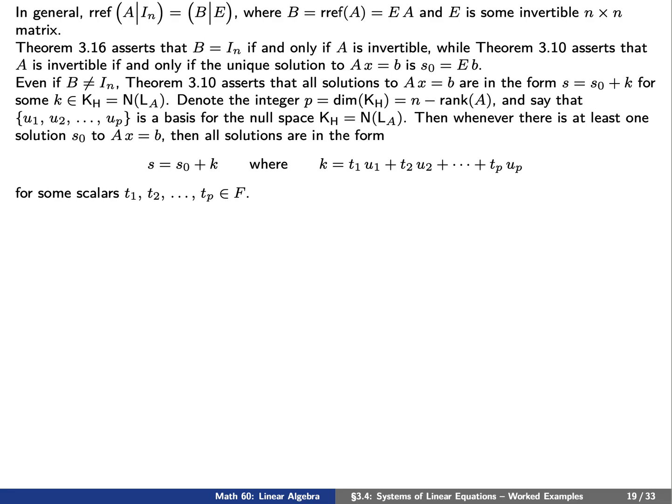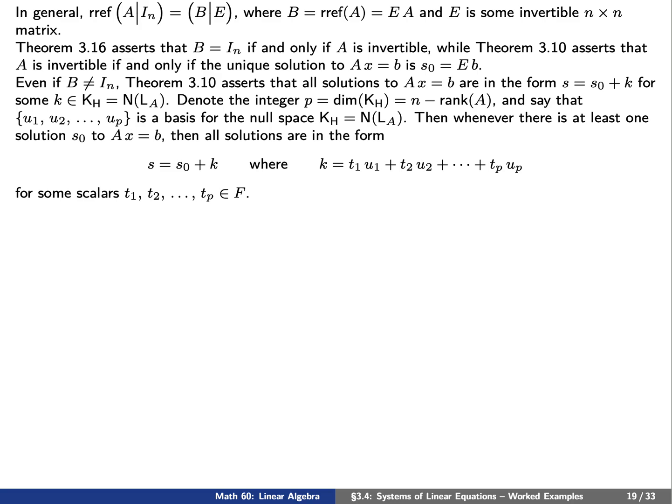But let's say, even in the case where B is not the identity matrix, then we know that all solutions must be in the form S0 plus K, where K is in our K sub H, which, if you recall, is just the null space of left multiplication by A. Let's denote P as the nullity of our matrix A. That is n minus the rank.